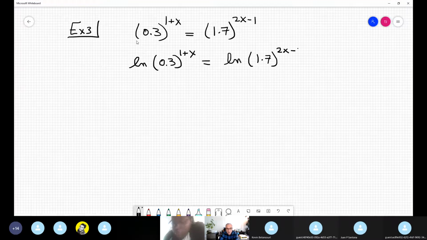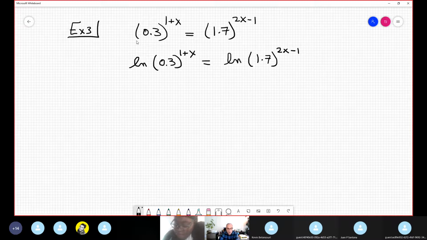And using one more time property number 7, the exponent goes to the front as a factor. Well, in this case the factor is an algebraic expression, but it's okay. It's 1 plus x times ln of 0.3. Here we have 2x minus 1.